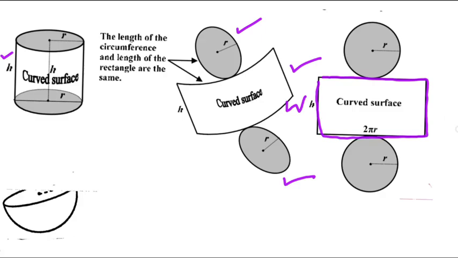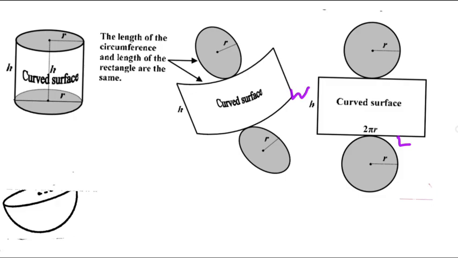The circumference of the circle base, 2 pi r, becomes the length of the rectangle. This is the circumference of the cylinder and it becomes the length of the rectangle, 2 pi r.